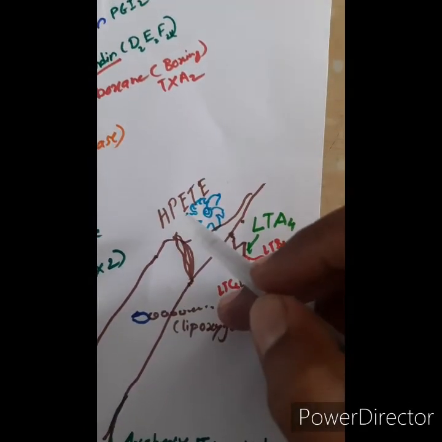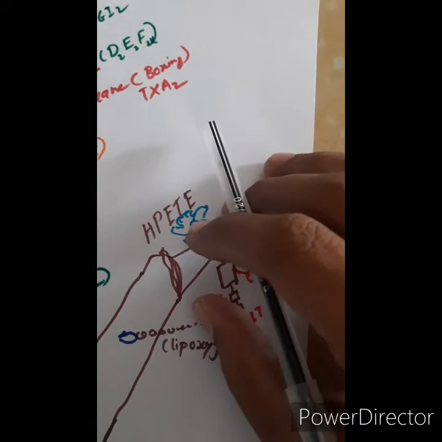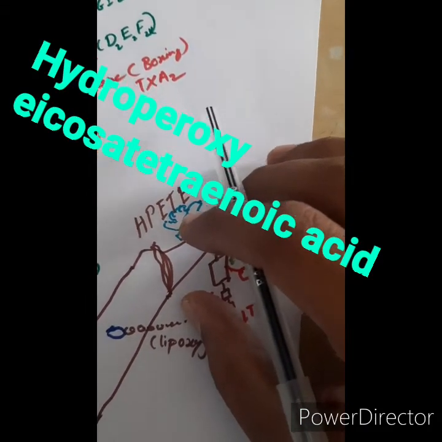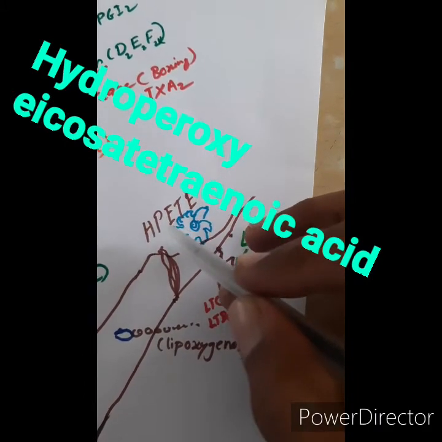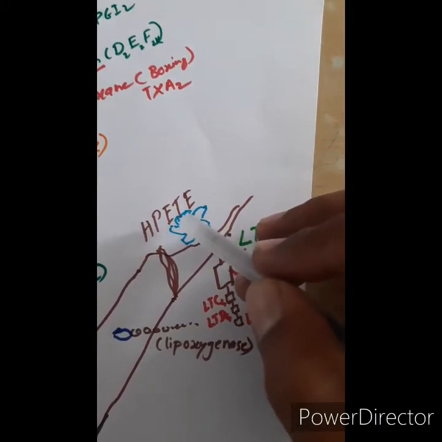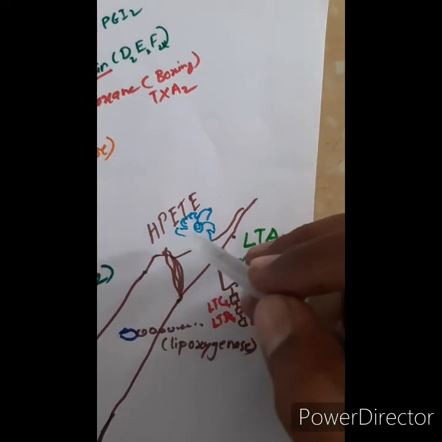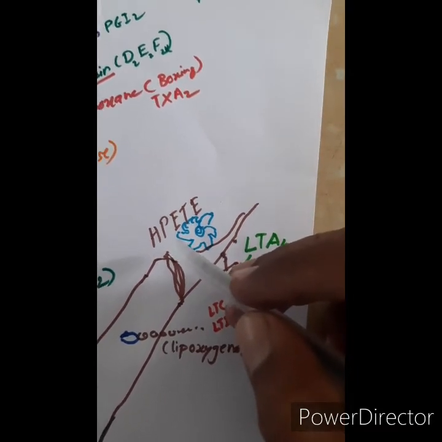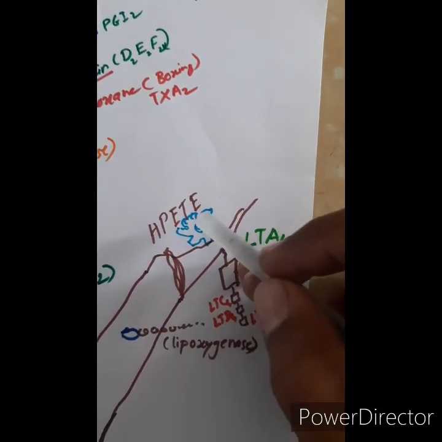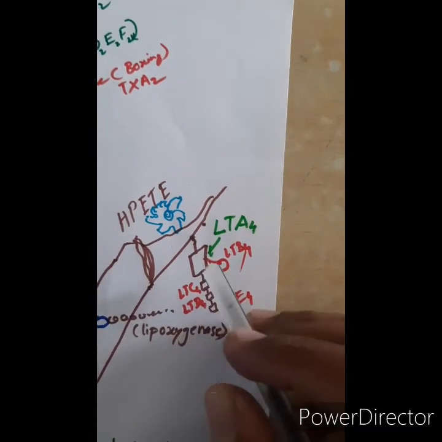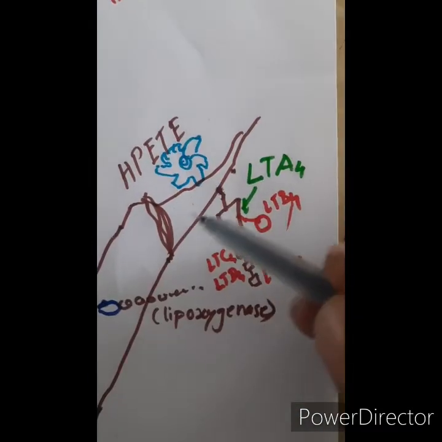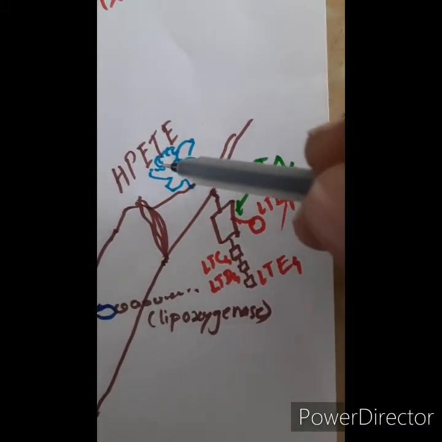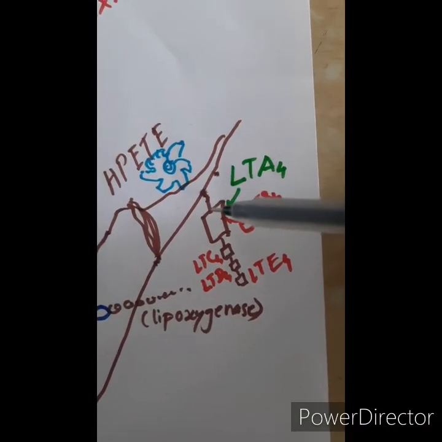HPETE is actually hydroxyperoxy icosatetraenoic acid, which for our simplicity we can convert like this: a high power electric turbine for cutting what? There is an apple. Then on these branches, the apples are there. This turbine is used for cutting these apples.